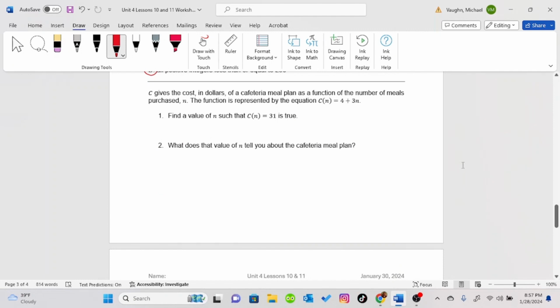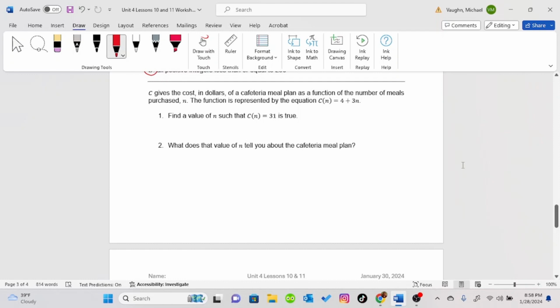Function C gives the cost in dollars of a cafeteria meal plan as a function of the number of meals purchased, n. The function is represented by the equation C of n equals 4 plus 3n.